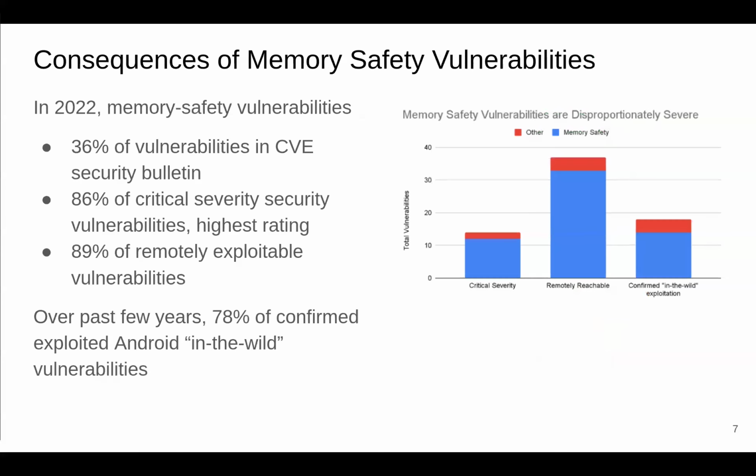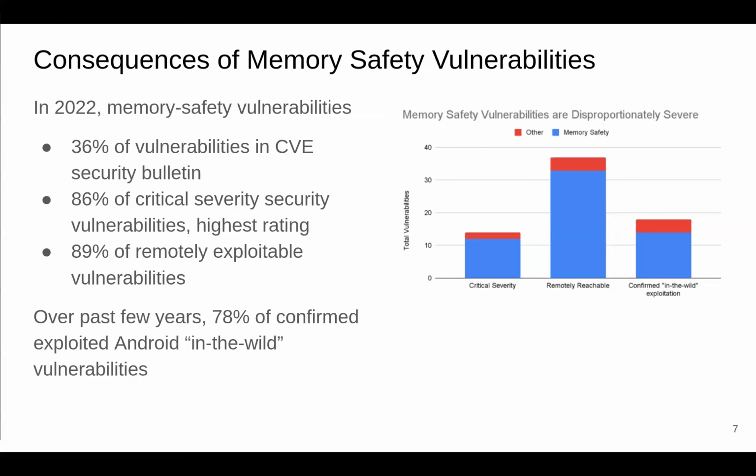Consequences of memory safety vulnerabilities: we see that memory safety vulnerabilities are quite severe. These are statistics of different kinds of vulnerabilities that are being used. Blue are memory safety vulnerabilities, red are others.